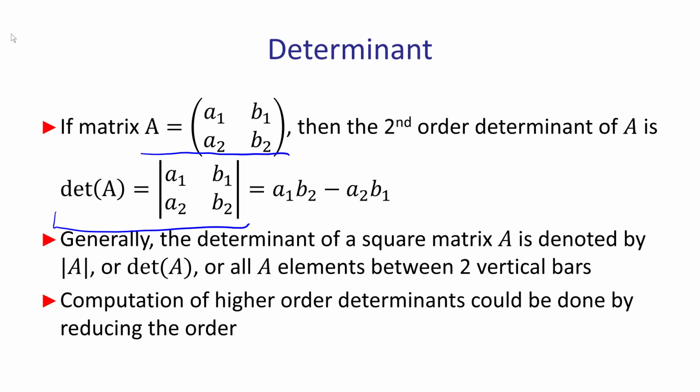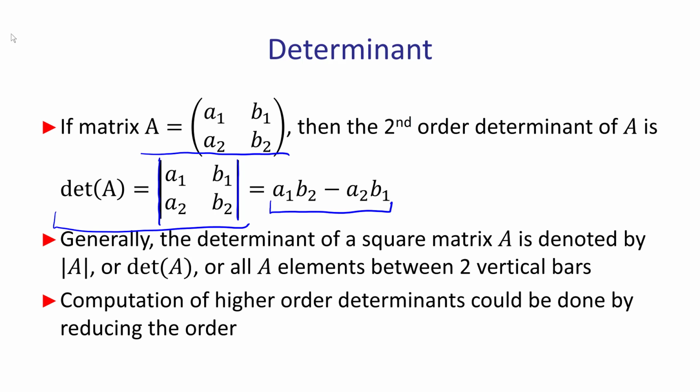So this is how we denote it. We denote it with two vertical bars on the same elements of the matrix, and this is how it is computed. Pay attention that that second order determinant, as well as any other order determinant, will be just a scalar number. So it's just some manipulation on the values of the matrix values.